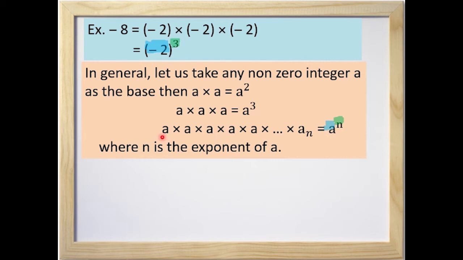And if a is multiplied n number of times, then in power notation it is written as a raised to the power of n. Here n is called the exponent because a is repeated n number of times, and a is called the base. And together it is called the power notation. It is the general form of power notation.